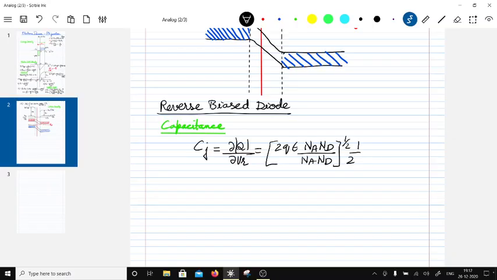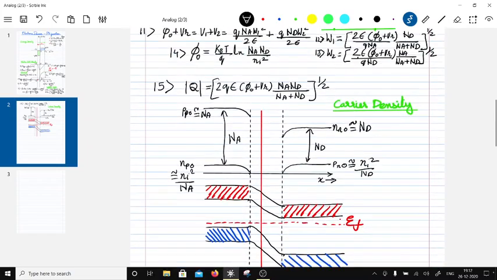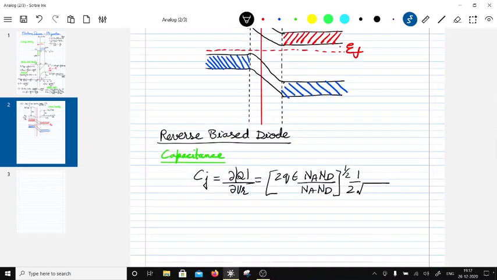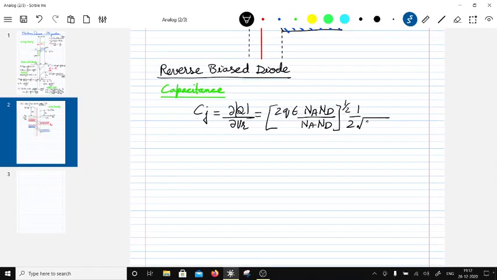half of root of psi0 plus VR, right? And we can take the 2 inside, so the 2 will come to the bottom, or we can leave it as it is.